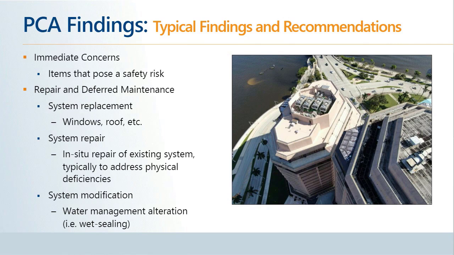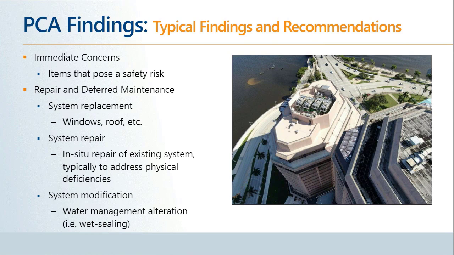As is the case with all assessments, regardless of whether or not it's a PCA, conditions that pose a near-term safety risk are typically immediately brought to the attention of the client and or the current building owner.